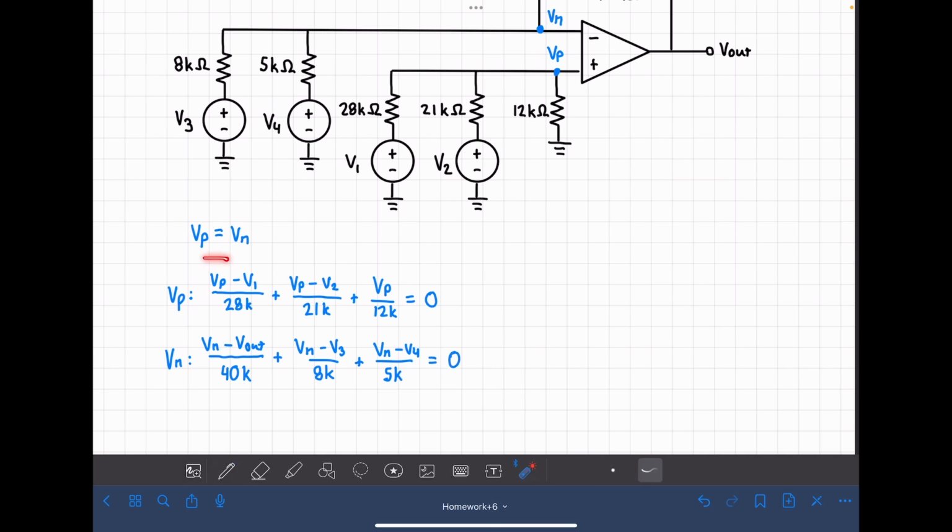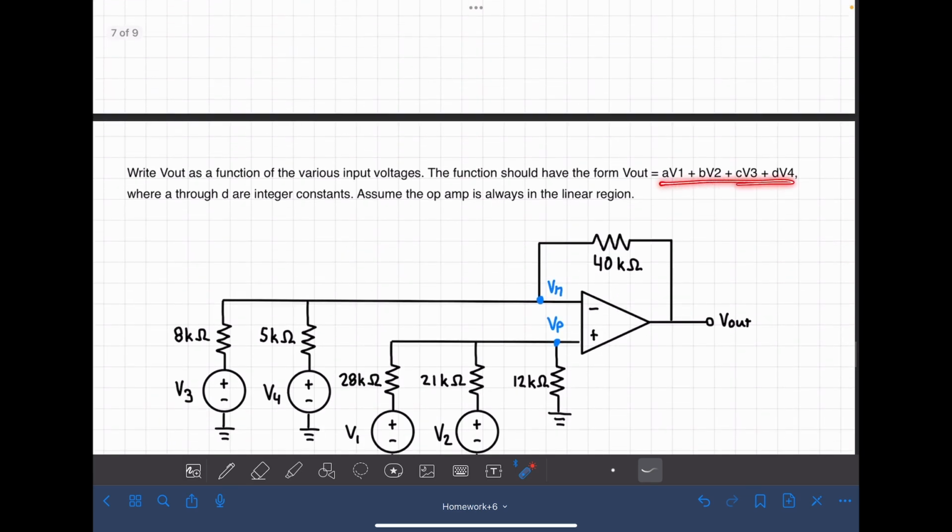So we have our 3 equations, and we have lots of variables here, but the only ones that we need to solve for are Vout, Vin, and Vp. We want to get rid of Vn and Vp, since we do not want those in our final equation.